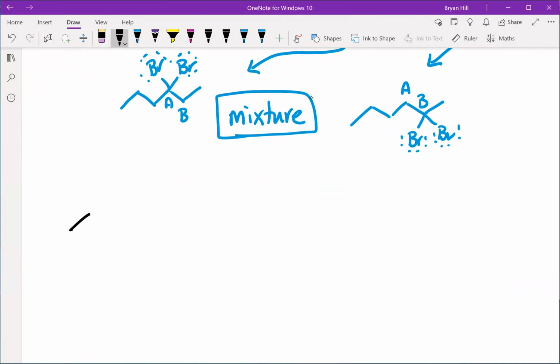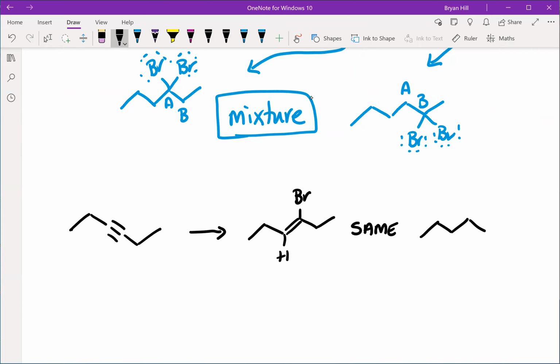So if our compound was this, with ethyl groups on either side, the first step would be this, and this is the same as this. These two molecules are the same.